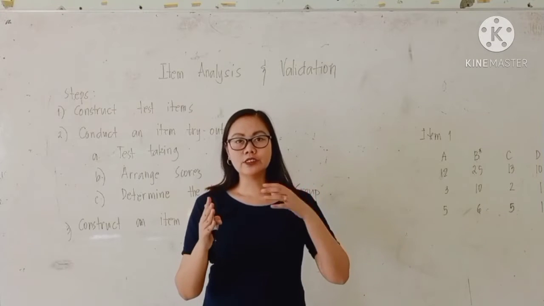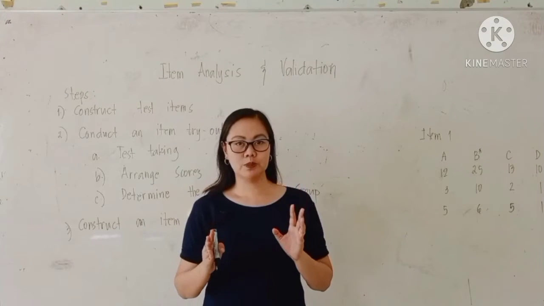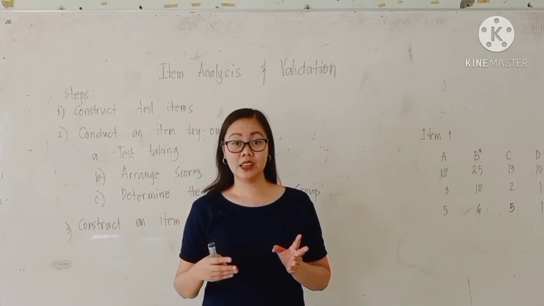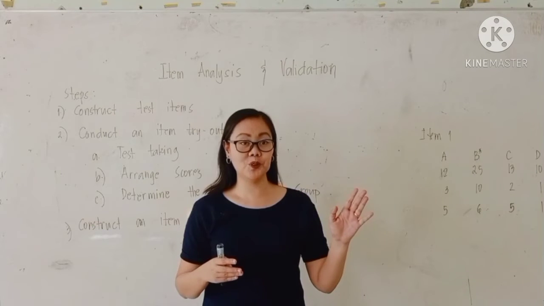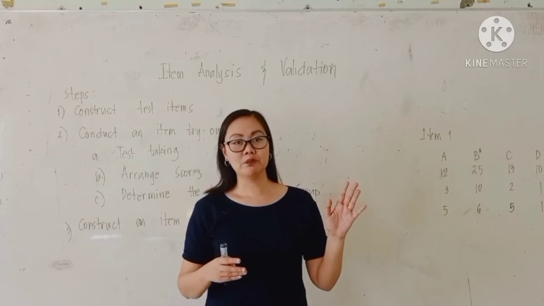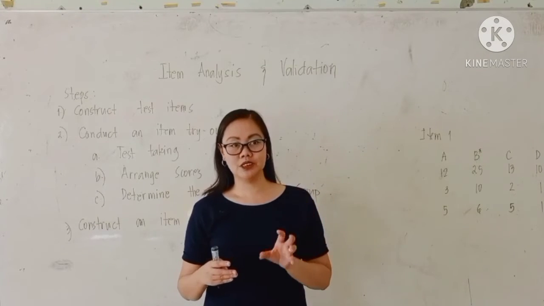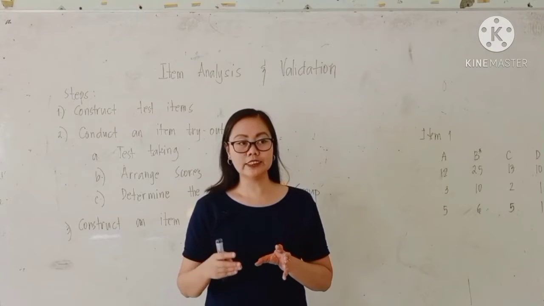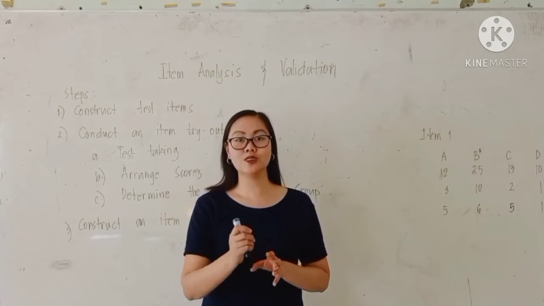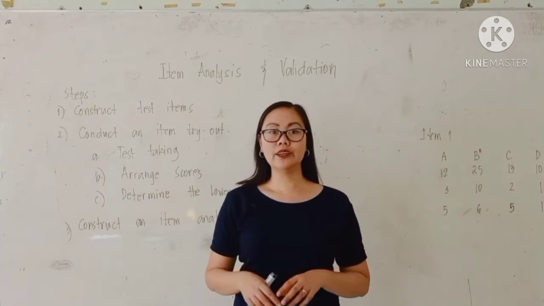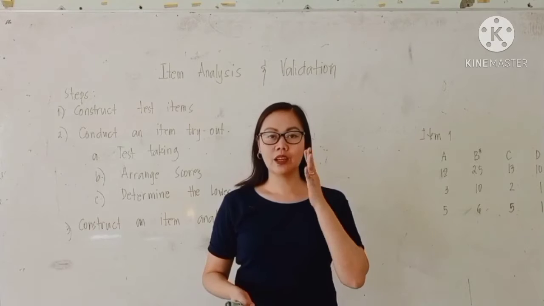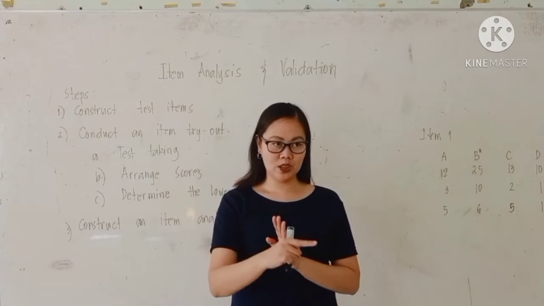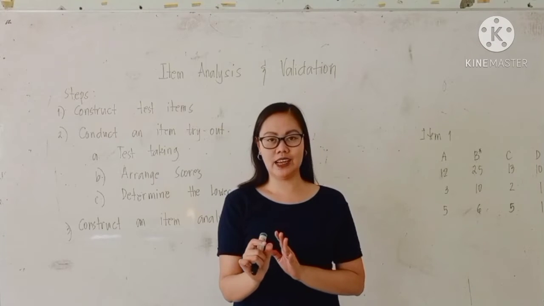Now, right after constructing your table of specification, by the way, sa ibang mga tests sa left, hindi na sinasama yung first step na going back to your objectives. Ang naging first step na kaagad is the construction of table of specification kasi nandun din sa TOS yung test objectives. Anyway, in item tryout, kapag magta-tryout ka ng item, ang unang-unang mong gagawin yung pag-construct ng test items.